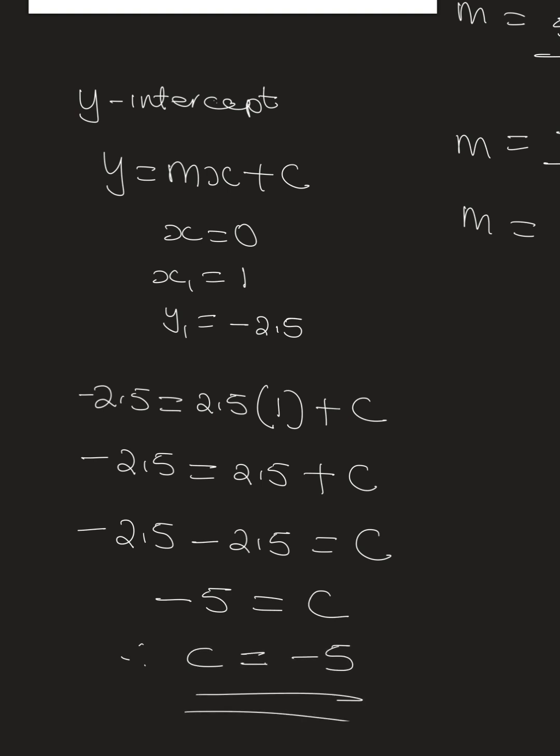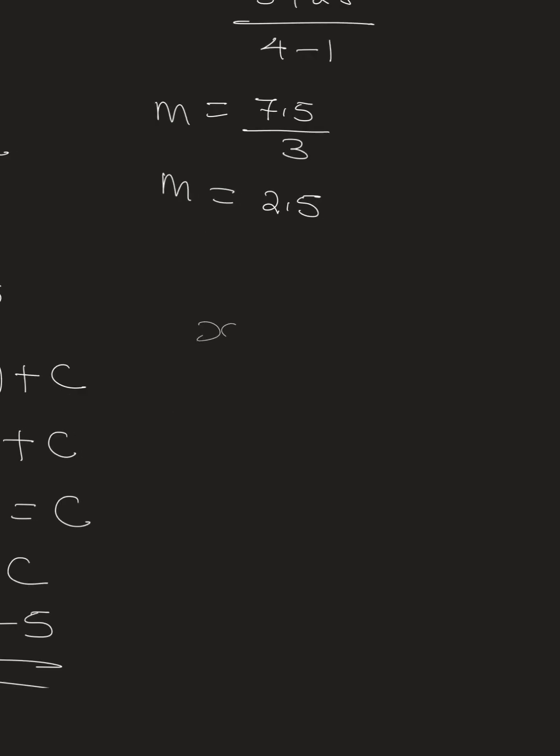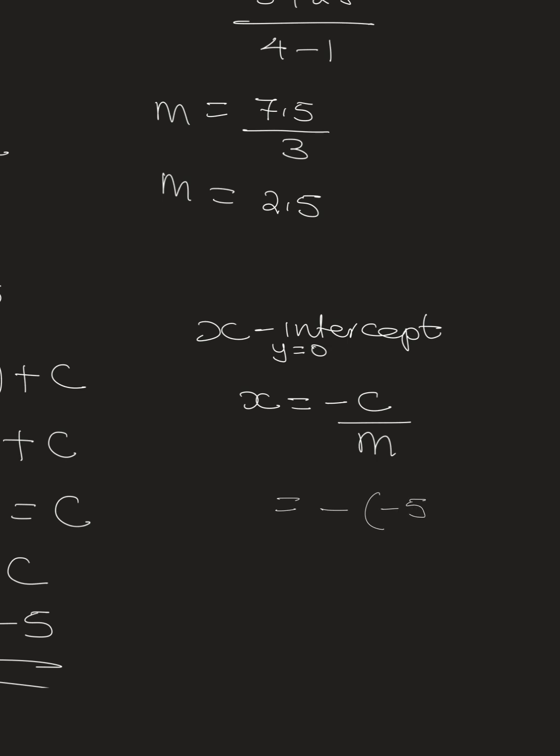So what if we want to find the x-intercept? For the x-intercept, that is where y is equal to 0. We've said that x will be equal to minus c divided by m. So that will be minus c, which is the y-intercept, minus 5, divided by the gradient, 2.5.